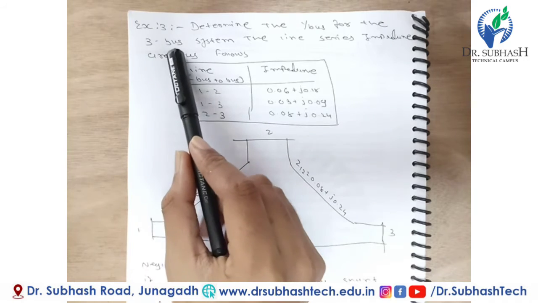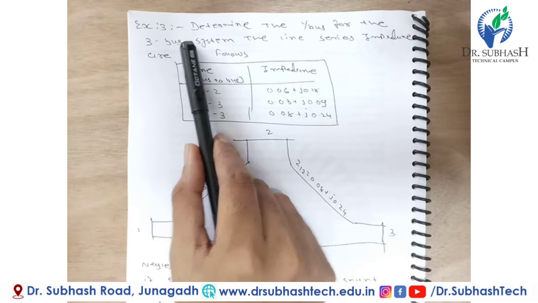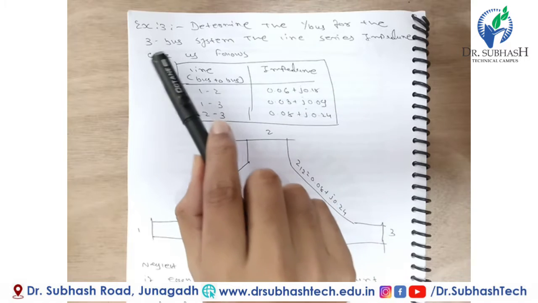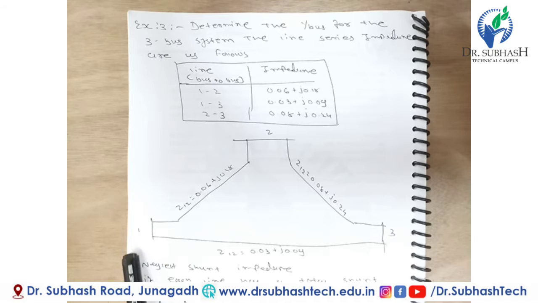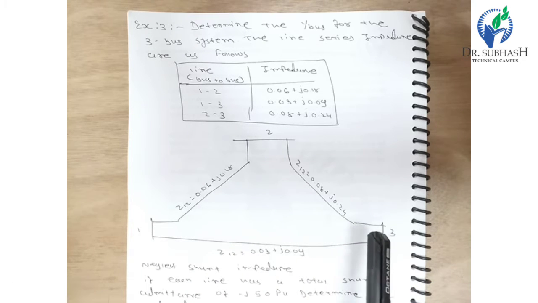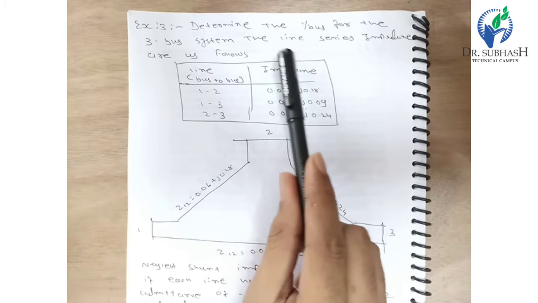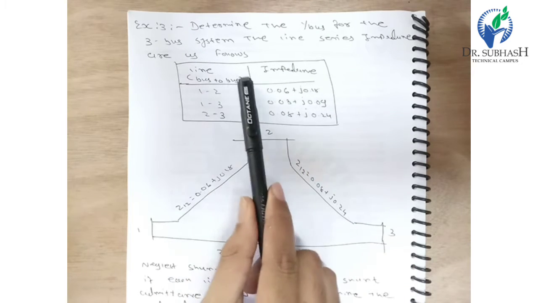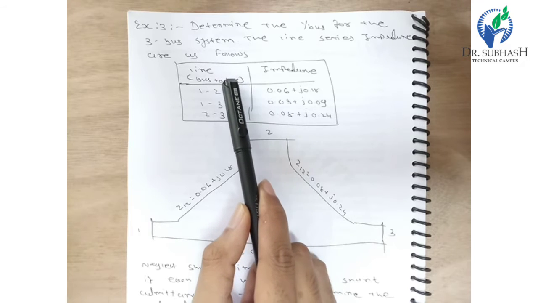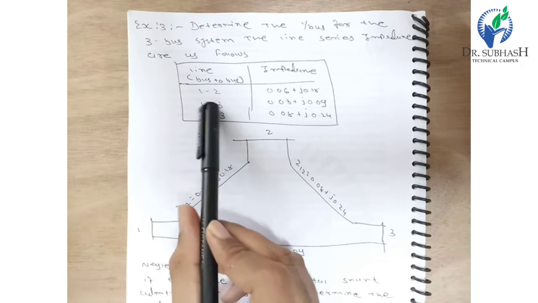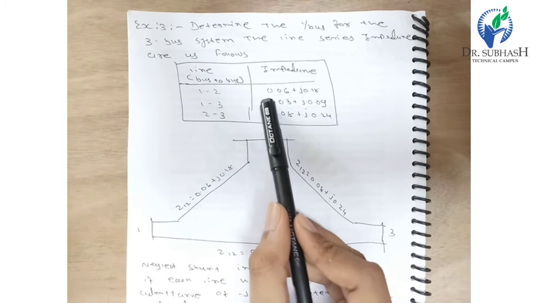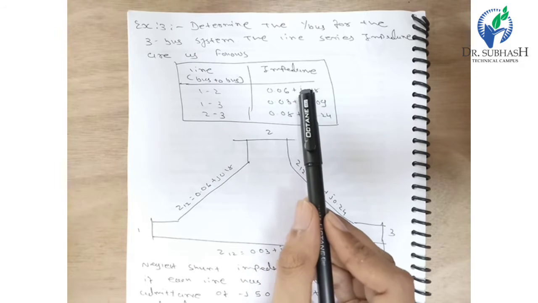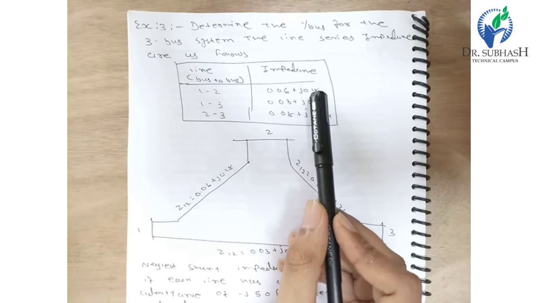In the example, we determine the Y-bus of the 3-bus system. Here we have a 3-bus system. Bus 1, bus 2 and bus 3 are connected between them. The given data is the line series impedances as follows. Line 1 to 2, the impedance value is 0.06 plus j into 0.18.